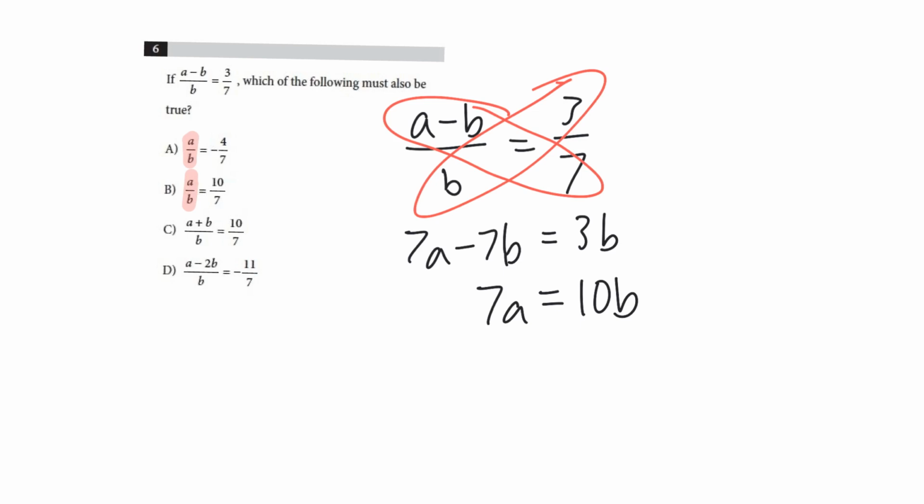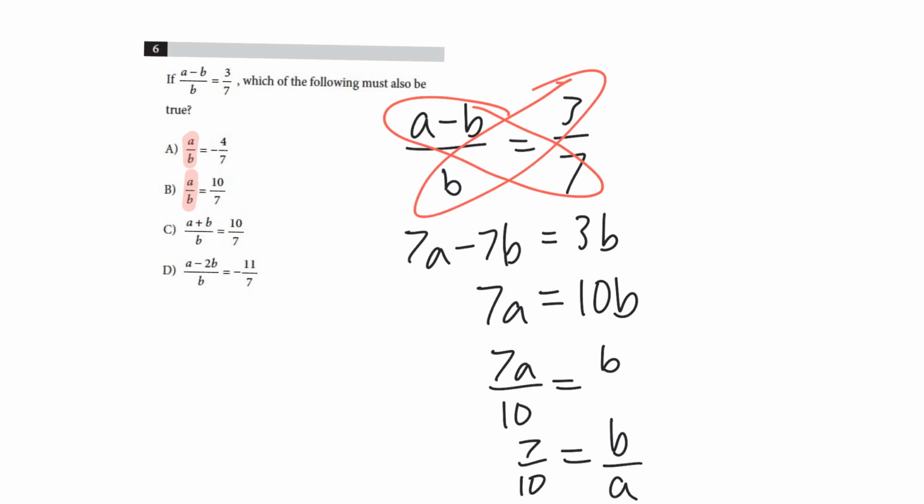Okay. Divide both sides by 10. I'm going to get 7a over 10 equals b. And then I can divide both sides by a. I'm going to get 7 over 10 equals b over a.